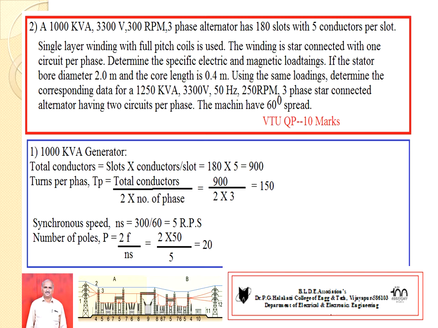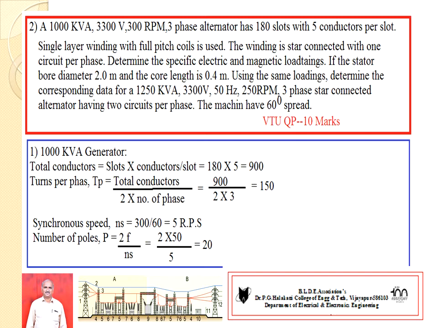So first what he asked: all data is given related to 1000 kVA. Determine specific electric and magnetic loadings. It is the first part. After that he has given one more condition. For calculation of 1250 kVA, use this 1000 kVA specific magnetic loading and specific electric loading values for the 1250 kVA alternator also.